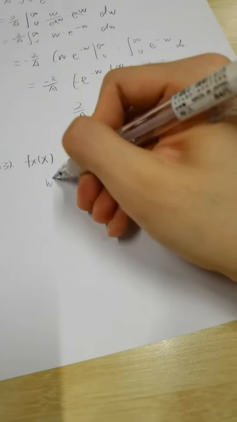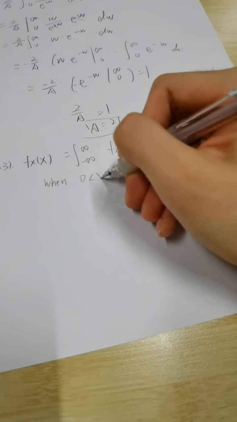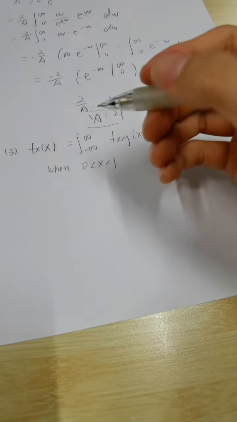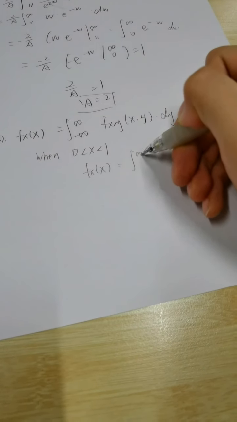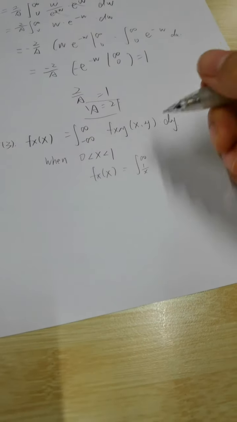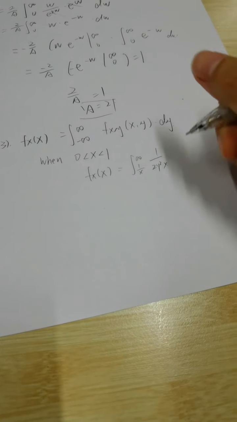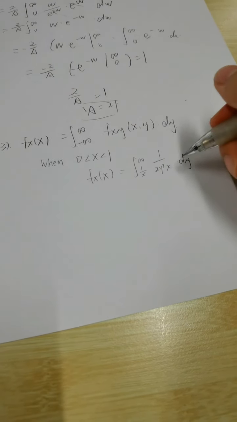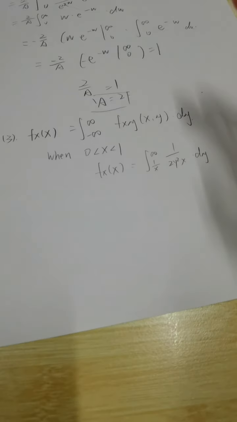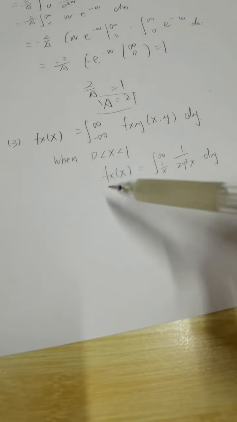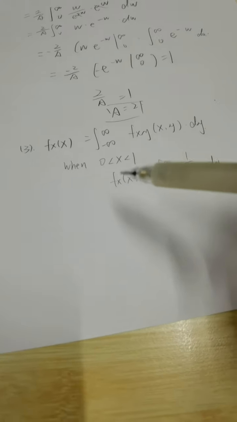So there are two situations for the x part, which is from 0 to x to 1. So fx equals the integral from infinity to 1 over x of 1 over 2y squared x times dy. So take the integral over y. We don't need to take care of the x part, because in this part we just need to get the marginal density function of fx.